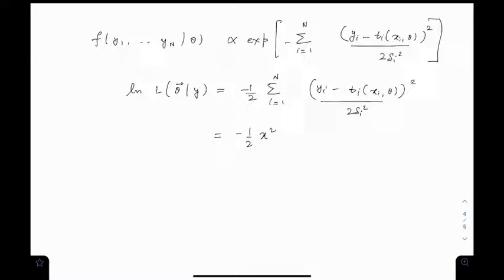So we can generalize this to the case of correlated errors.